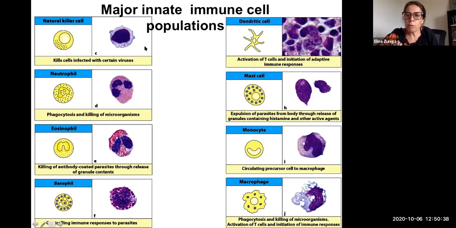And then we will also learn more later about mast cells, because they play an important role in the defense against parasites, and they also play a role in hypersensitivity or allergy, because of the release of granules that contain histamines and other active agents that, for example, induce the muscle contraction that helps expel parasites from the intestine.